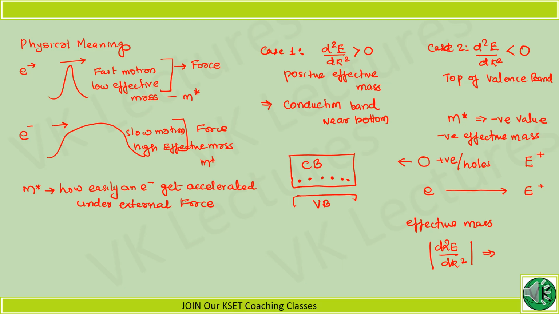So 1 by m star equals 1 by h cross square d square E by dk square. And if this is negative, we say it is for holes.